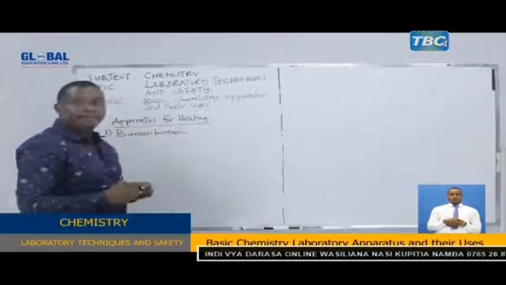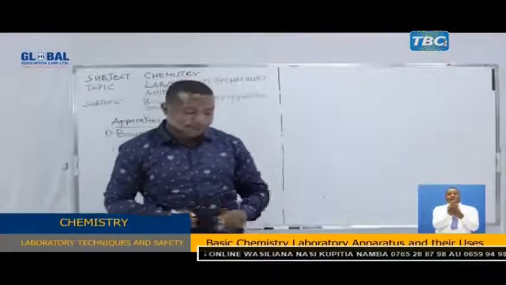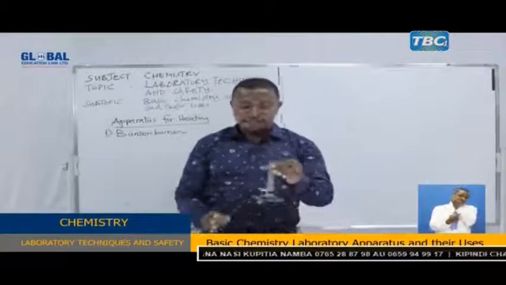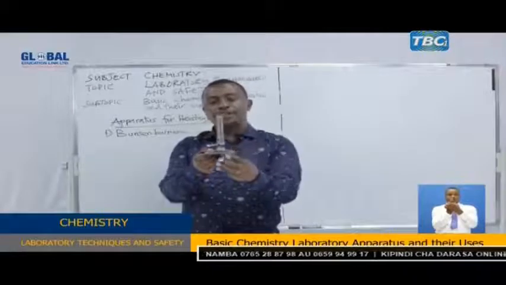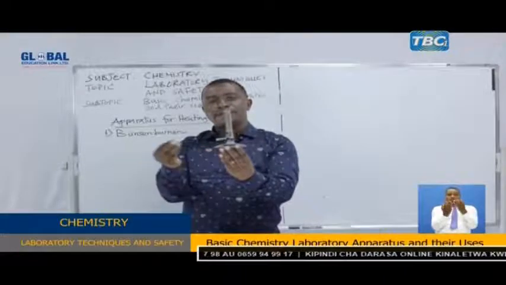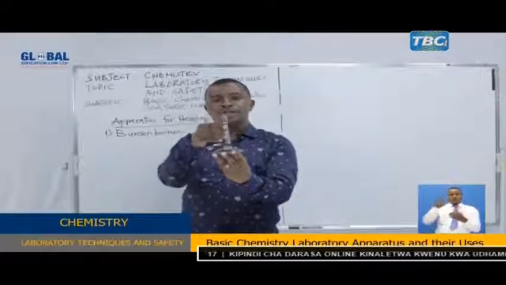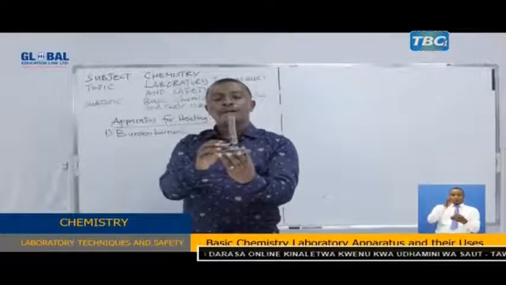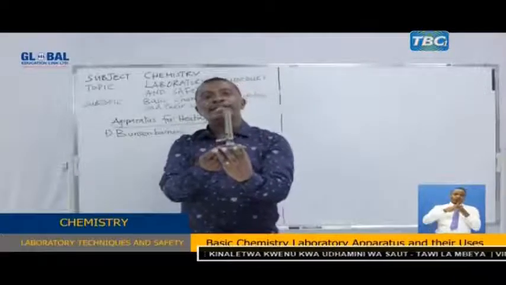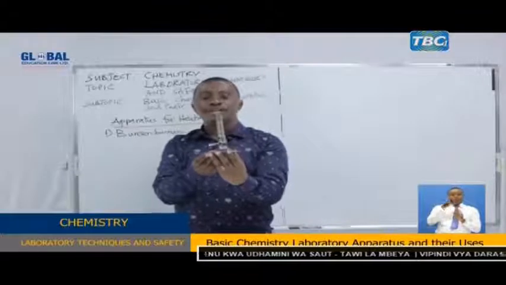We have an apparatus known as a Bunsen burner. Class, this is the Bunsen burner. You can see it has a base, it has a gas inlet, and it has this chimney, it has an air hose. It is used as a source of heat in the laboratory.